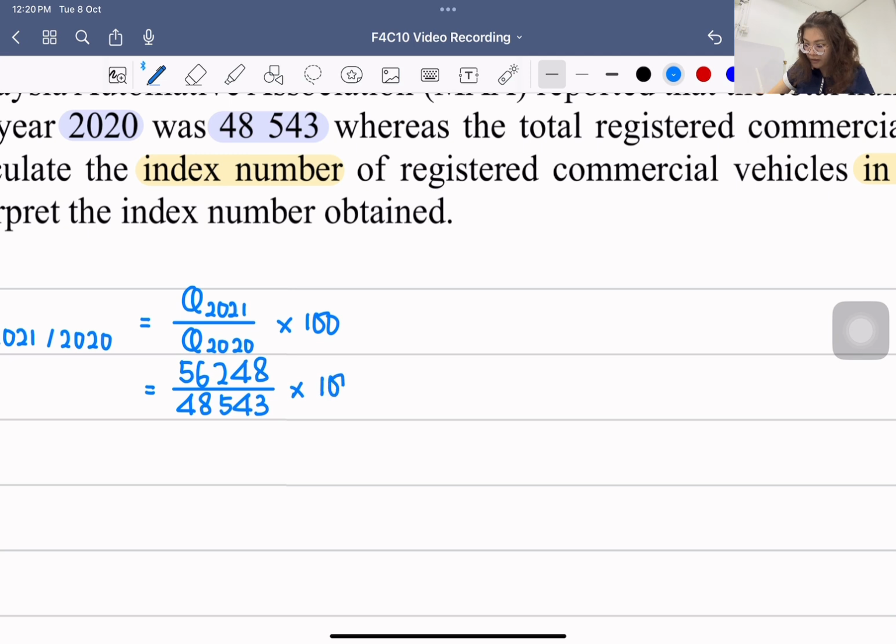And we multiply by 100. And you will get your answer, 116.